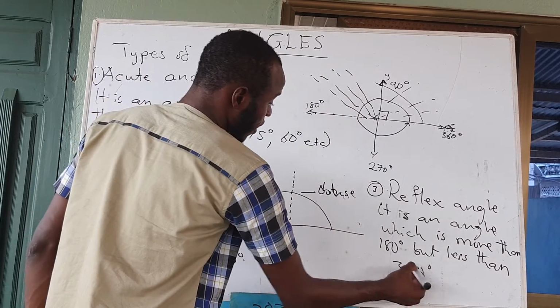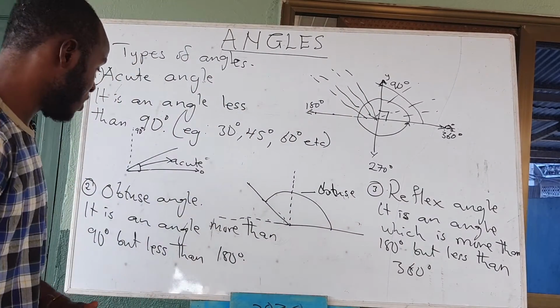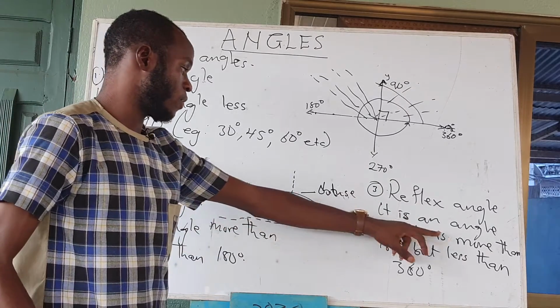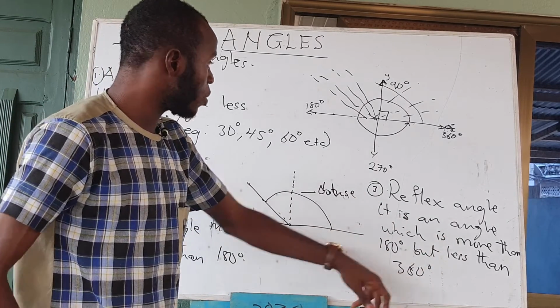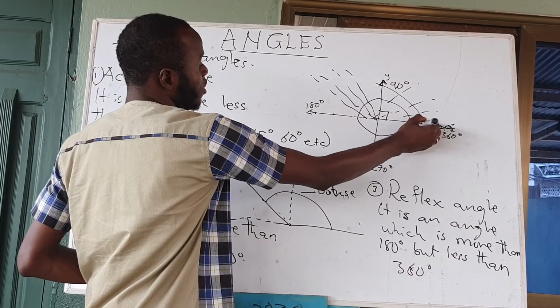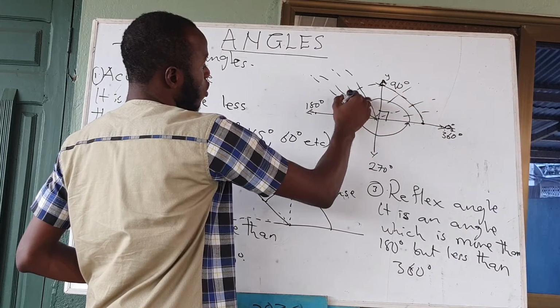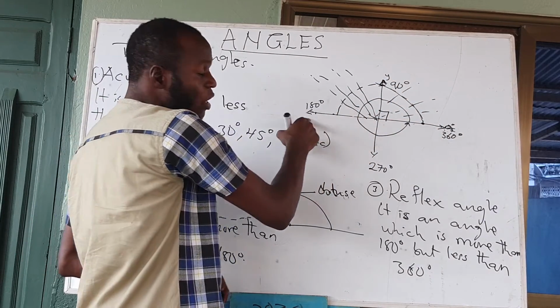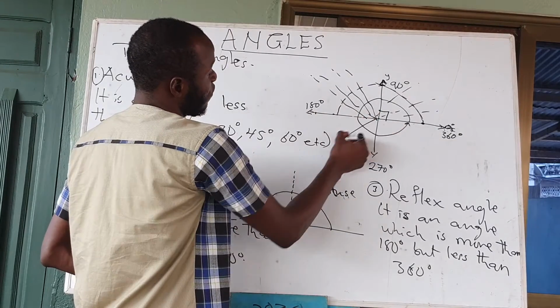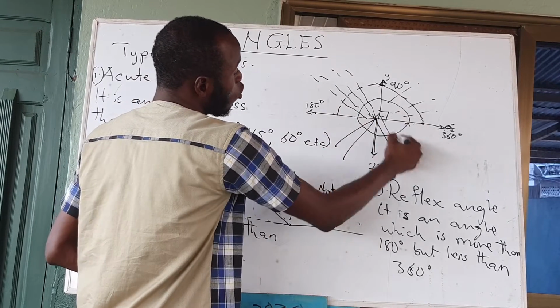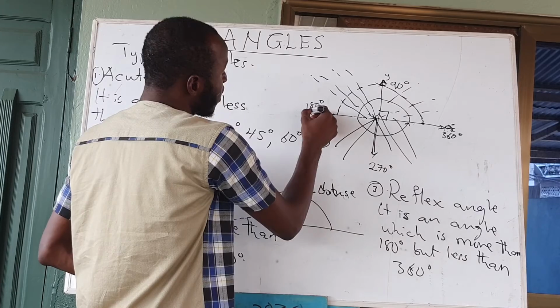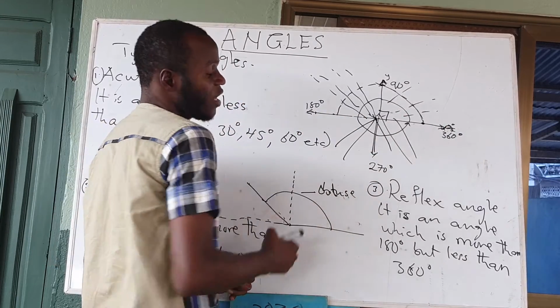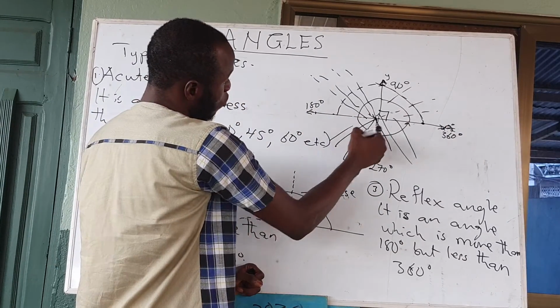So with the reflex angle, you realize it will be more than 180 degrees but less than 360. When you measure it from the zero pole, it will go, but as soon as it exceeds the 180 degrees point, then the reflex angle will be formed. So any angle that will be formed in between the 180 point and the 360 point is the reflex angle. So that angle will be found over here.